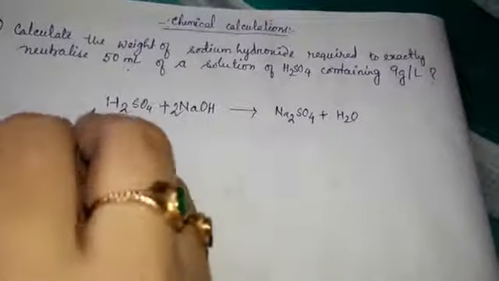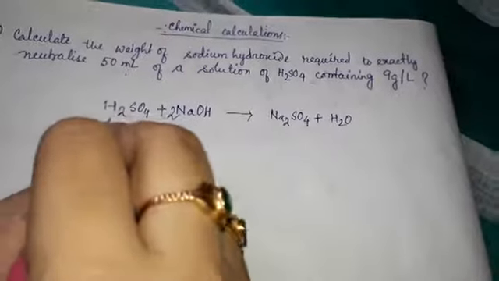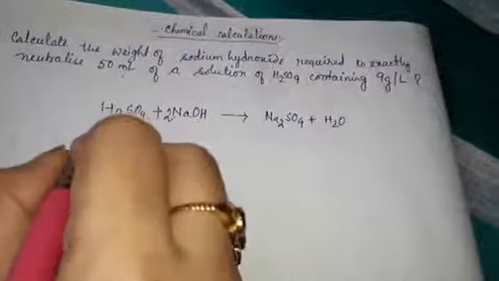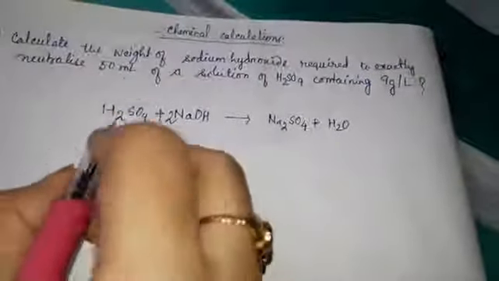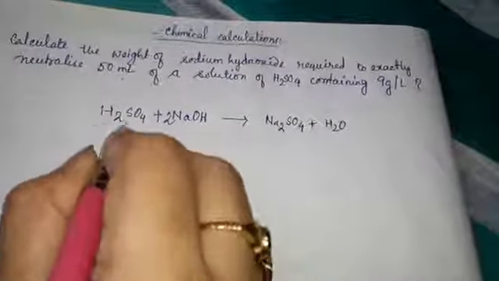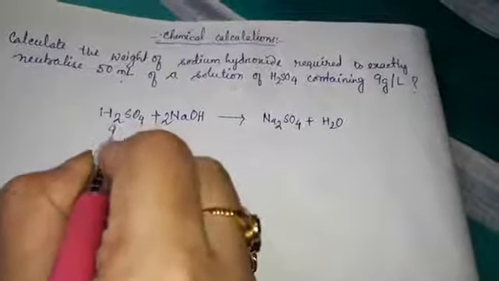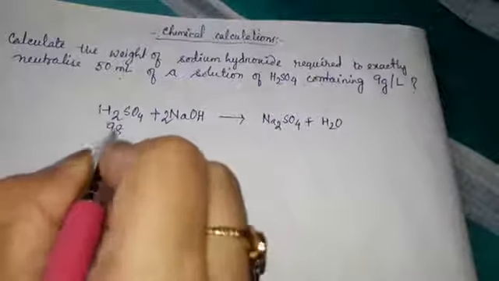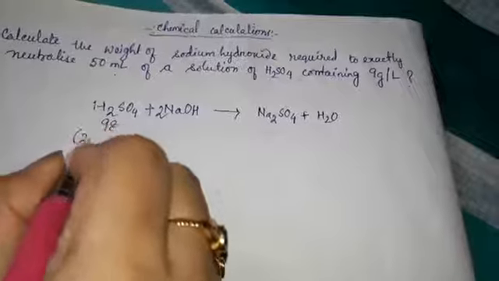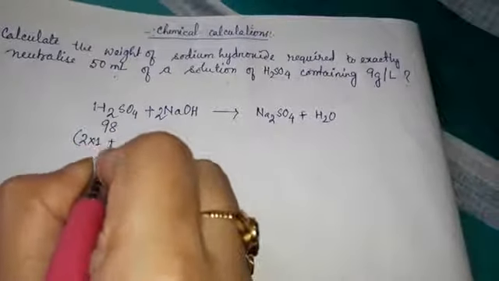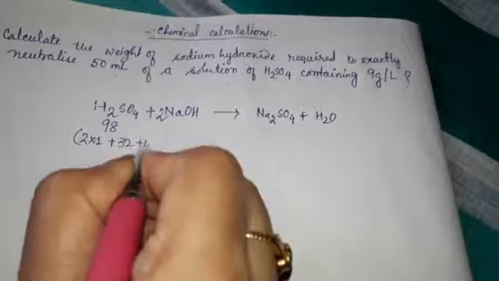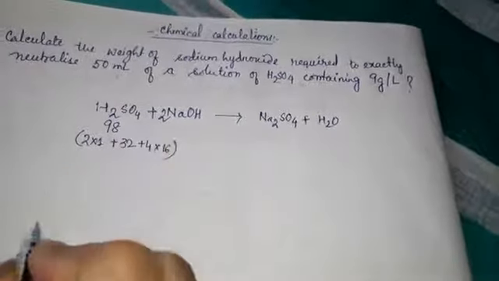Now we have to calculate the molar masses of the reactants. So what is the molar mass of sulfuric acid? The molar mass of sulfuric acid is 98. So how can we get that 98? 98 can be got by 2 into 1 for hydrogen, 32 for sulfur, 4 into 16 for oxygen.